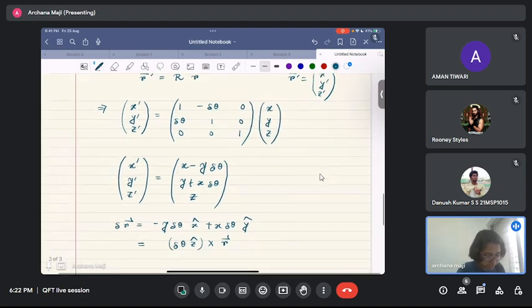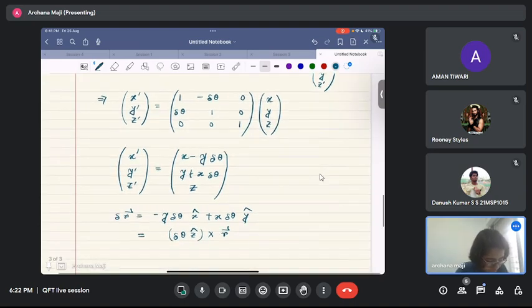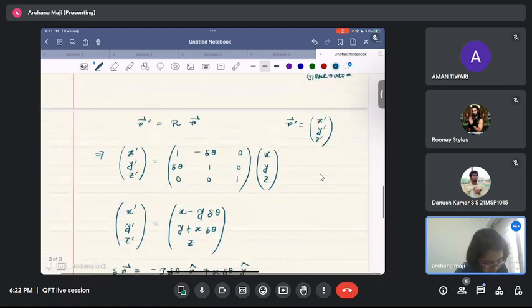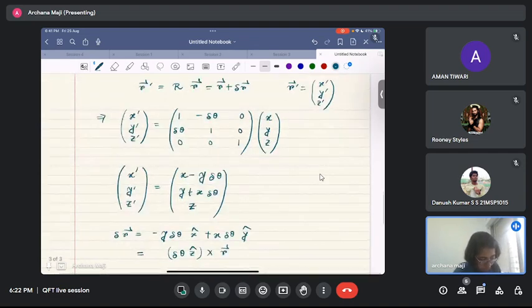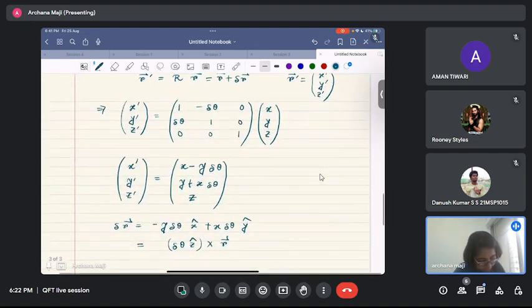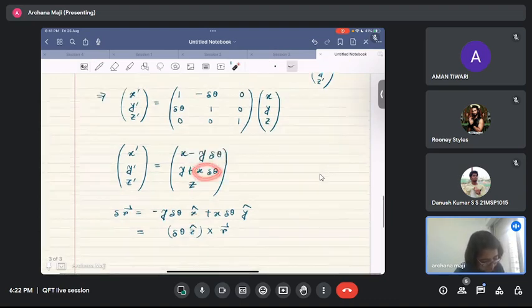So that is basically x minus y delta theta, and this we wrote as r plus delta r. Here I am writing the delta r vector: minus y delta theta along x hat plus x delta theta along y hat.